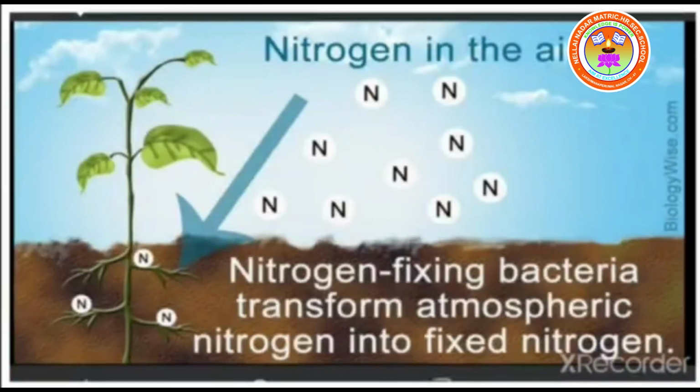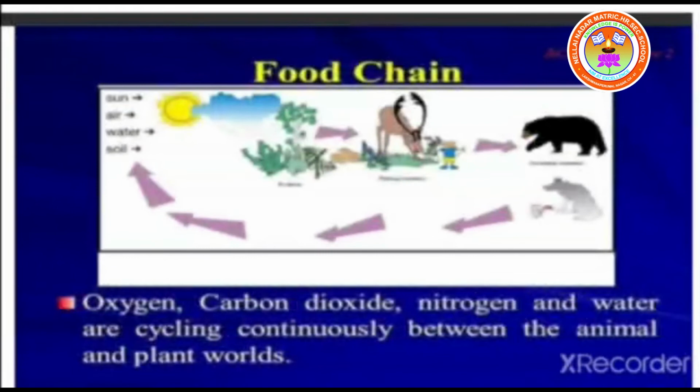The nitrogen cycle is a biogeochemical process through which nitrogen is converted into many forms, consequently passing from the atmosphere to the soil to organisms and back into the atmosphere. Nitrogen exists in both organic and inorganic forms.